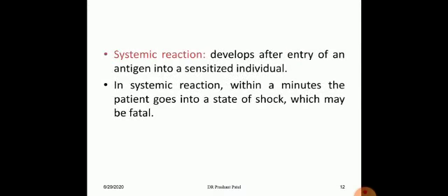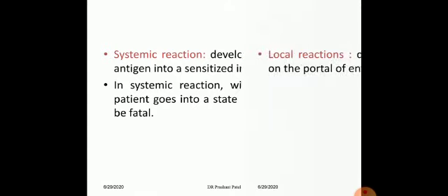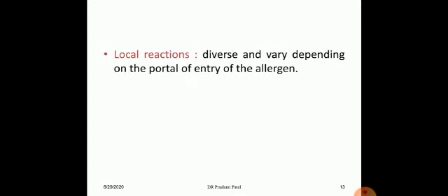Immediate hypersensitivity may occur as a systemic disorder or as a local reaction. Systemic reactions develop after entry of an antigen into sensitized individuals. In systemic reaction, within a few minutes, the patient goes into a state of shock, which may be fatal. Local reactions are diverse and vary depending on the portal of entry of the allergen.